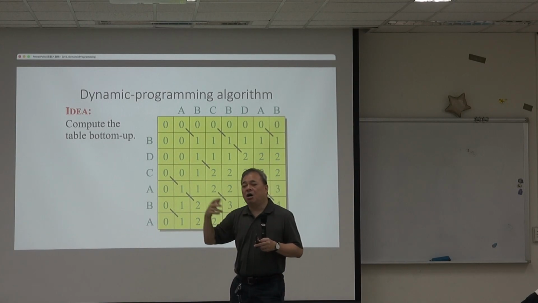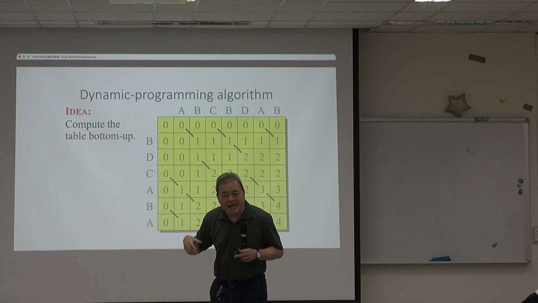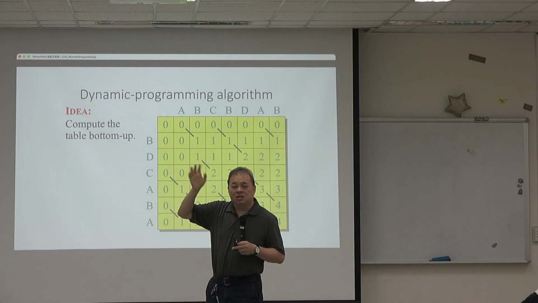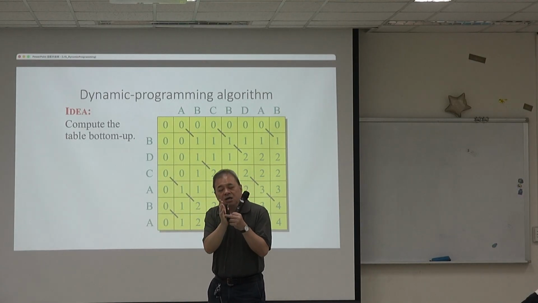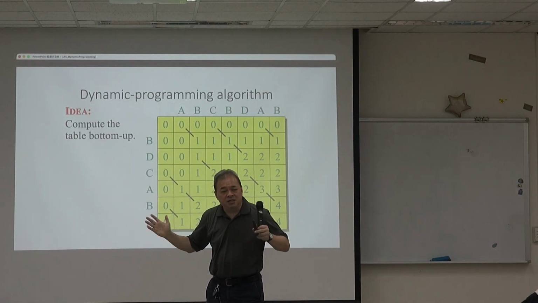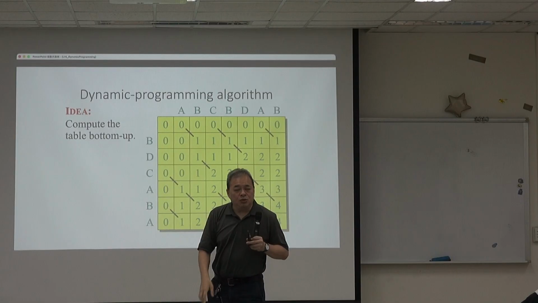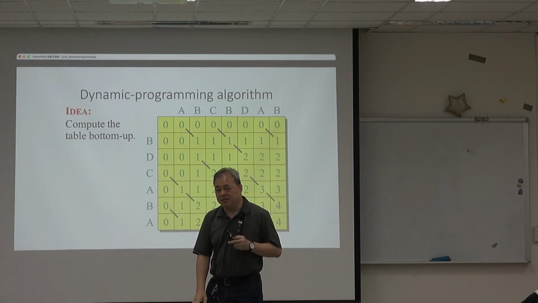So you should output this to a stack, and then pop the stack out to make sure the output is in the right order. Okay, so that's how you obtain one LCS.